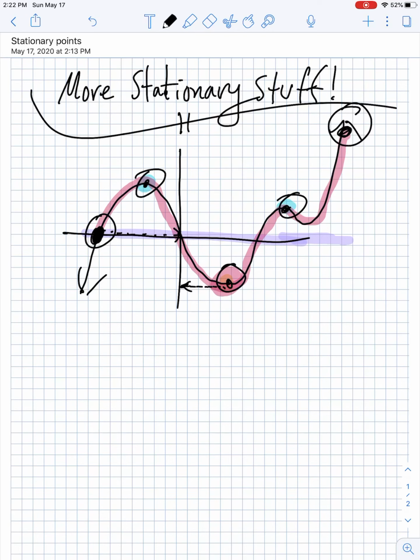Okay, here we go. First example today. We're working all with this function f of x is equal to x cubed minus 45x squared plus 600x plus 20.